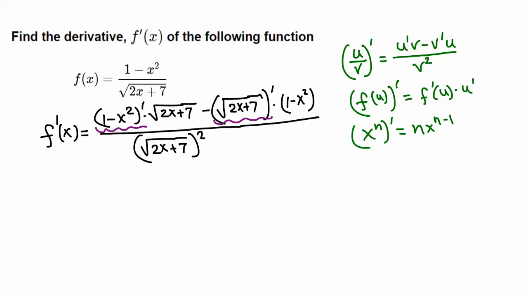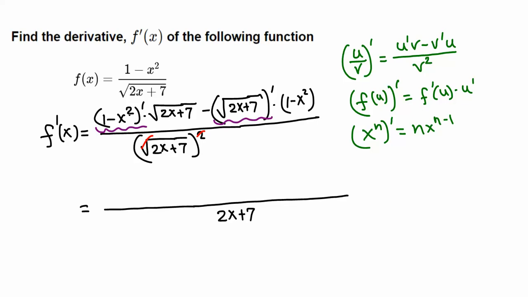We don't need to simplify, so we have 2x plus 7 on the bottom. Now we got two terms, and the derivative of 1 is 0 minus the derivative of x squared, which is 2x.